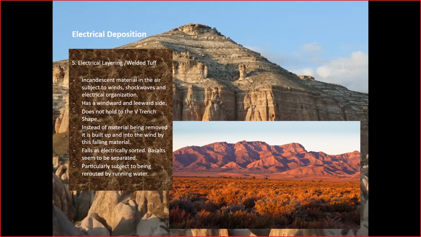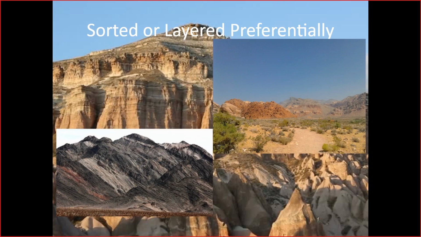One of the characteristics of deposition is a windward and leeward side. This material is usually completely incandescent. It's subject to the atmosphere, the winds, shock waves. This is why we see examples of breaks in the rock as it's laid down. Robert and I have explored this at great length, as you can probably see in our EU Geology Tour video that we had there.